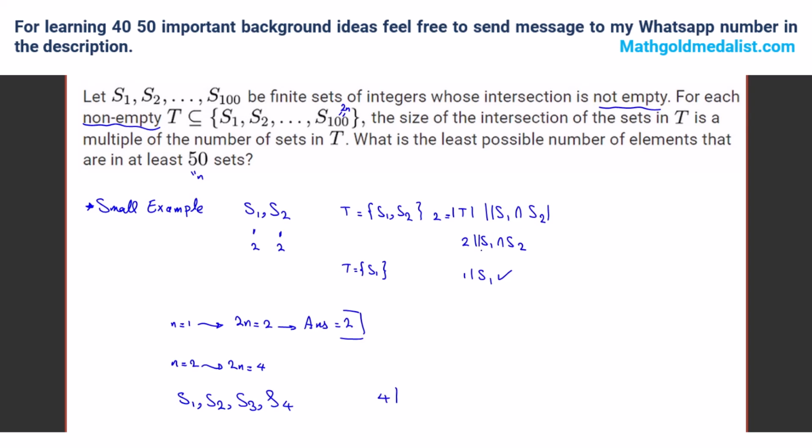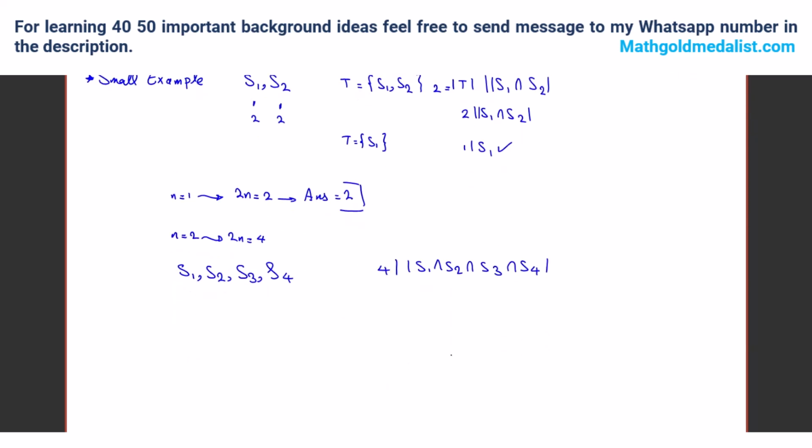Let me write this. 4 divides the number of elements in S1 intersect S2 intersect S3 intersect S4. Then what? Yes, S1, S2, S3. We can also say S1, S2, S4. We can write S1, S3, S4. And the last one is what? Exactly, S2, S3, S4.